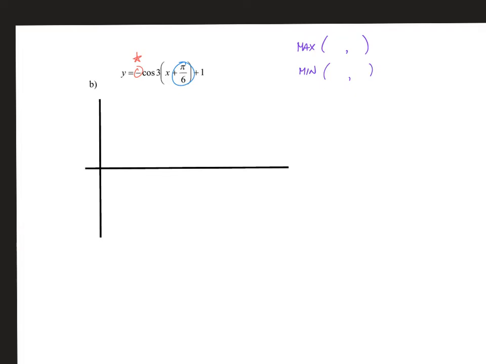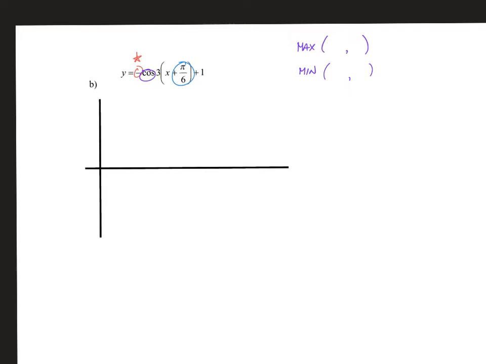So what I could do then is go on the hunt for those max or min values. So I go back to my base cosine graph. My max is 1. Reflecting it in the x-axis is not going to affect that. Shifting it horizontally is not going to affect that. Horizontally stretching it is not going to affect that.